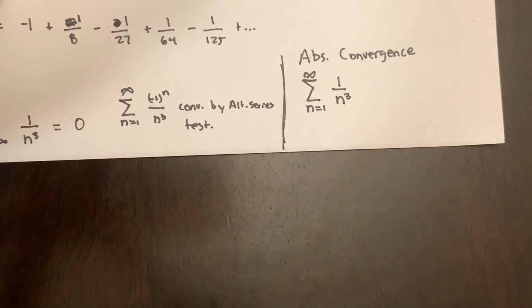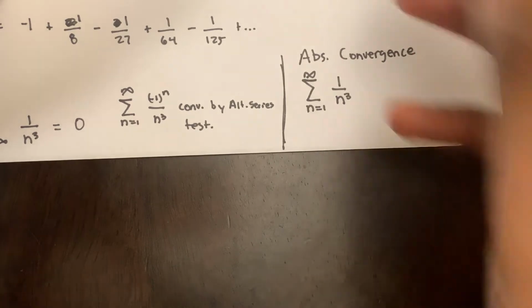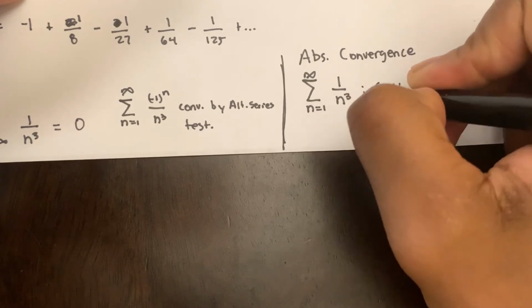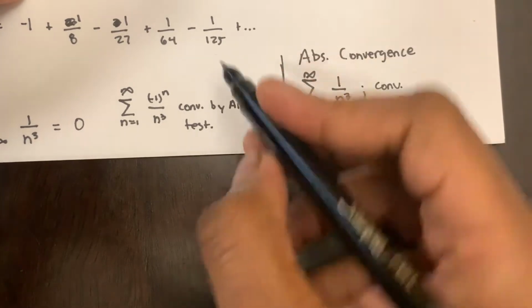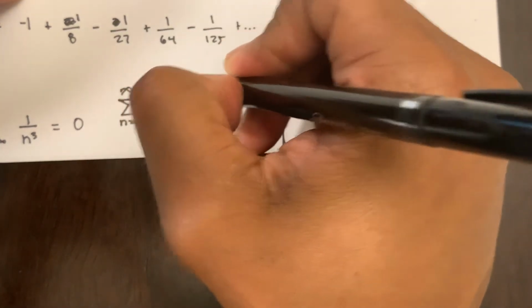So you think about what happens for a moment and jump back in. So we should know from the P series that this is convergent because P equals 3, which is greater than 1. So this series is not just convergent, it's absolutely convergent.